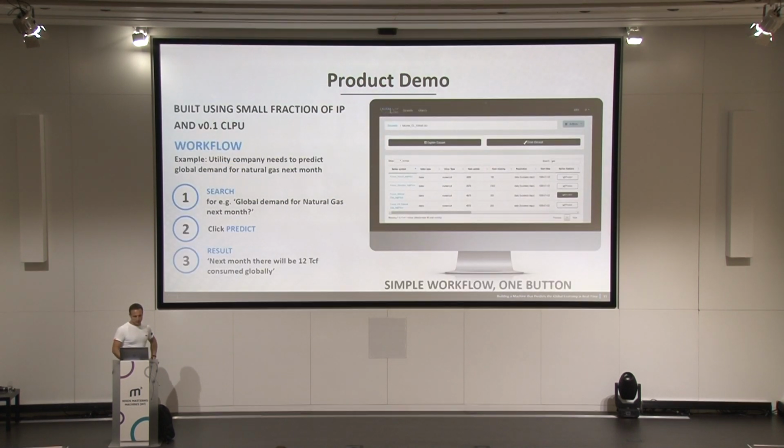I don't know if we have time, and I didn't actually prepare a demo, but this is our product and how it works. For the first time, you're able to just think about the business use case, what you want to predict.